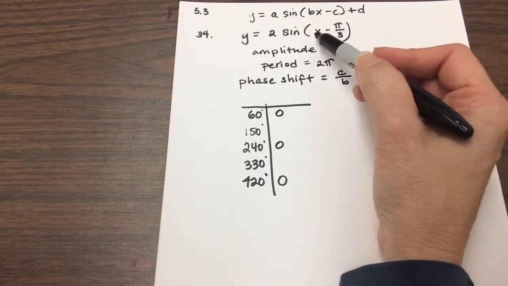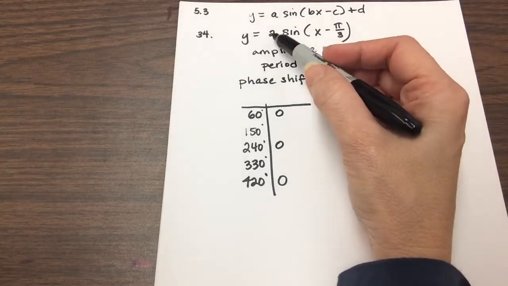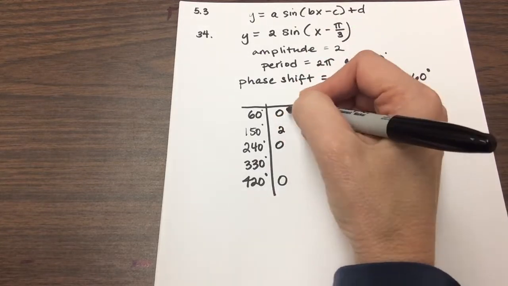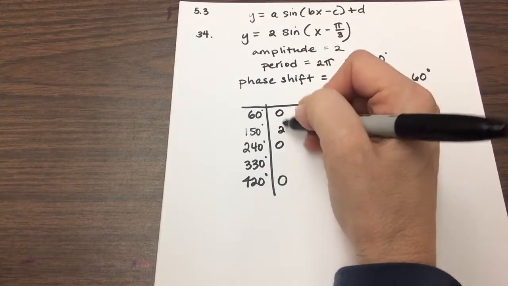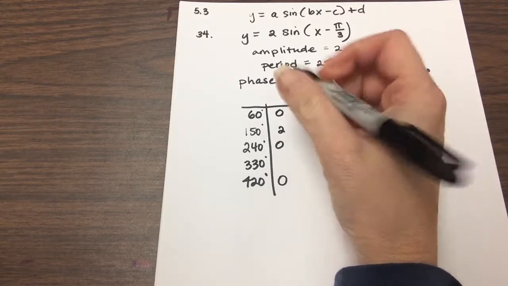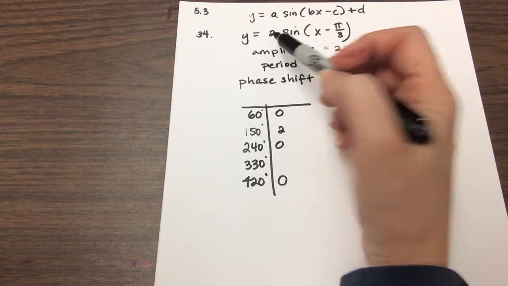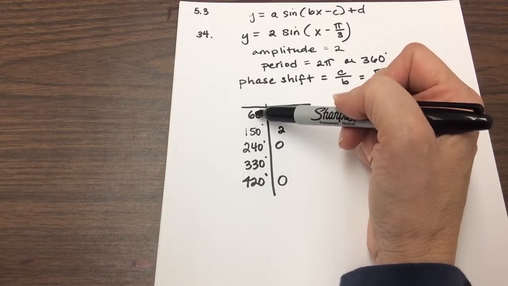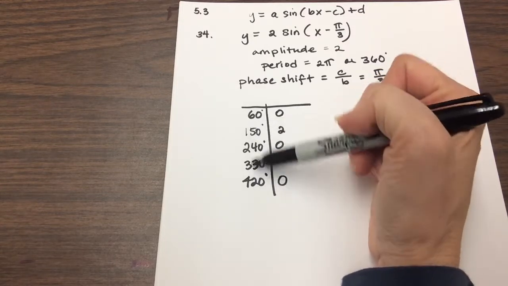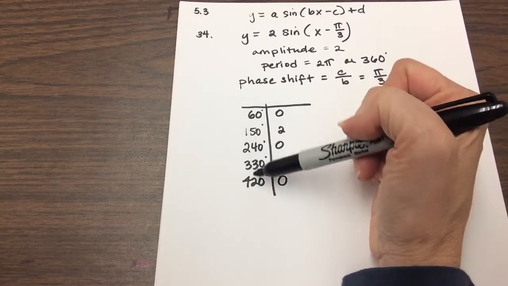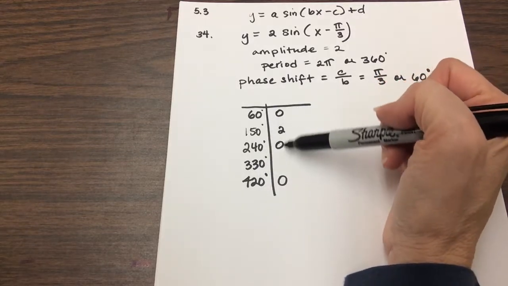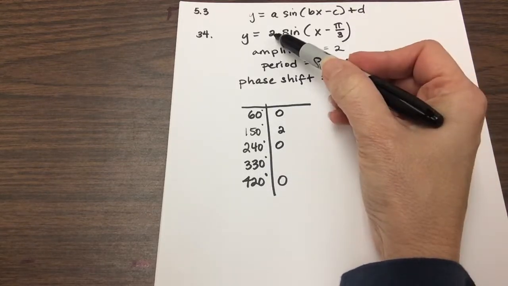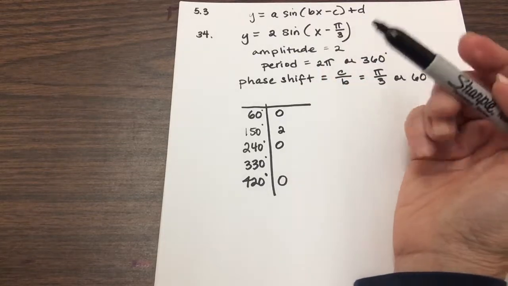Well, that's 90 degrees. The sine of 90 degrees is 1 times 2. That's 2. You should be seeing a pattern now. These numbers are not going to change if I am setting up my starting point, my phase shift, and my period, my end point. If I'm using my 5 points and using that correctly, these values are not going to change other than multiplying by whatever my amplitude is.